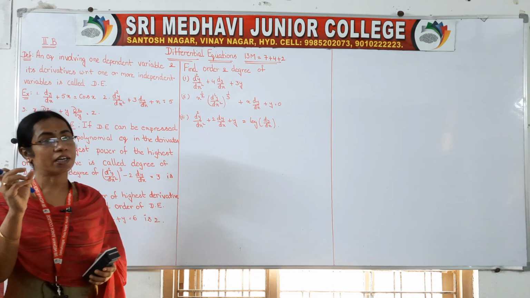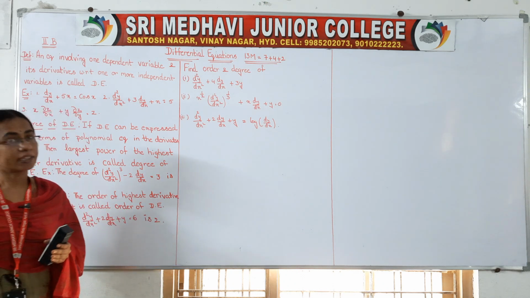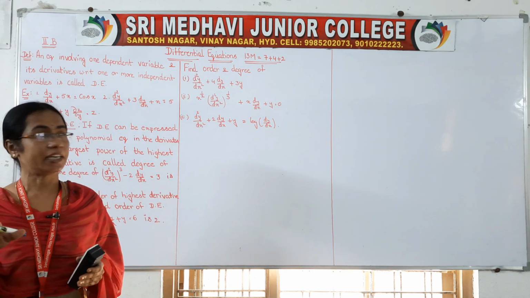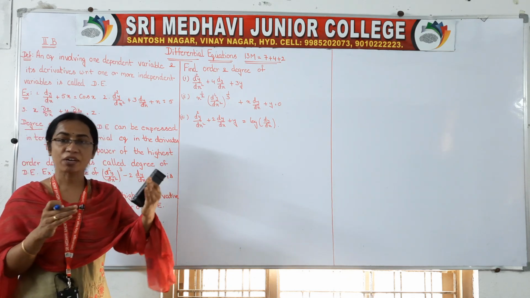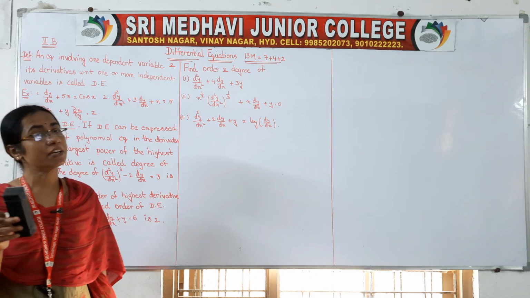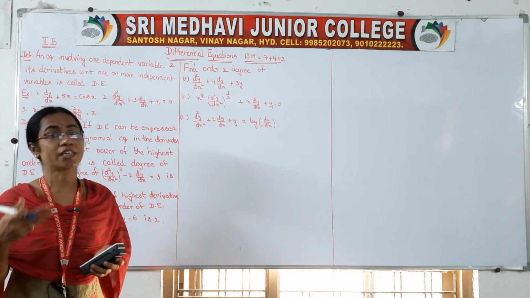Okay, that is the order. That means the order of the highest derivative occurring in it is its order. Suppose in the equation d square y by dx square plus dy by dx is there. So the highest derivative is d square y by dx square, the highest number of times differentiated.